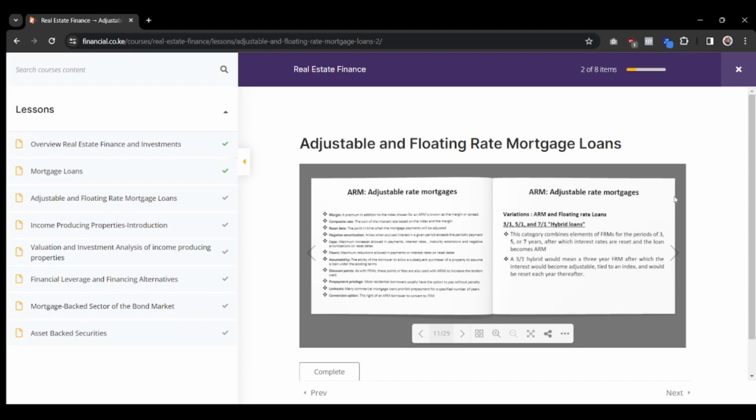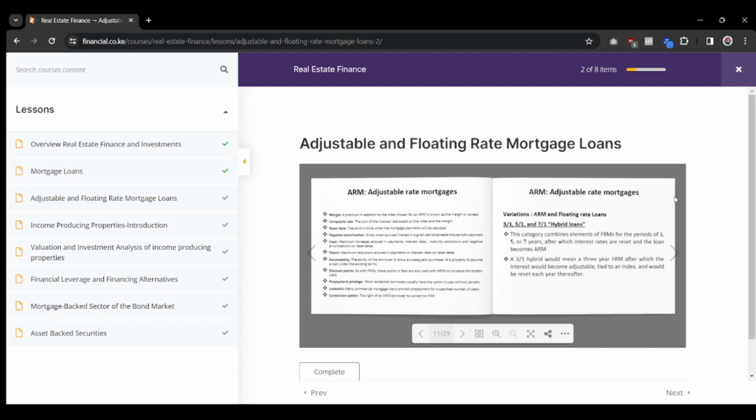We also have variations to the adjustable rate mortgage and floating rate loans. So for example, we have the 3-1, 5-1, and 7-1 hybrid loans.